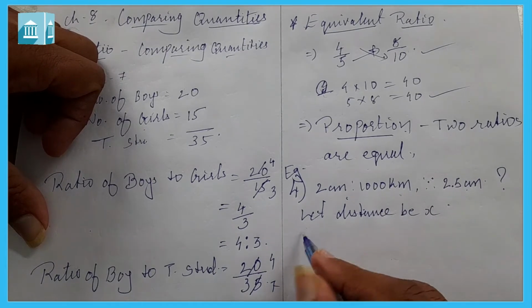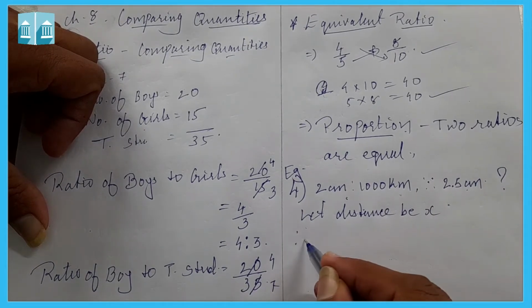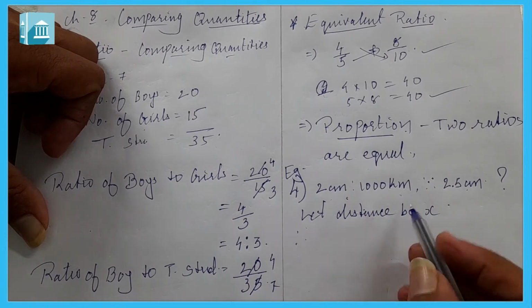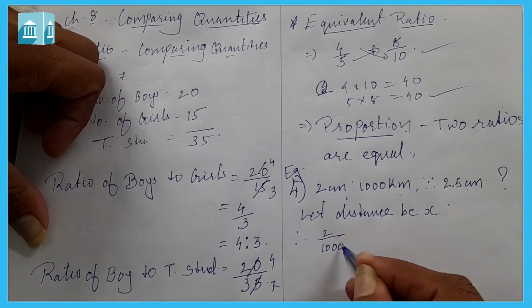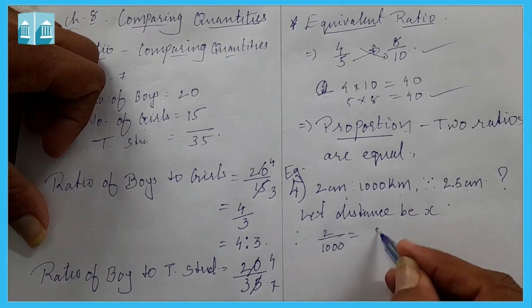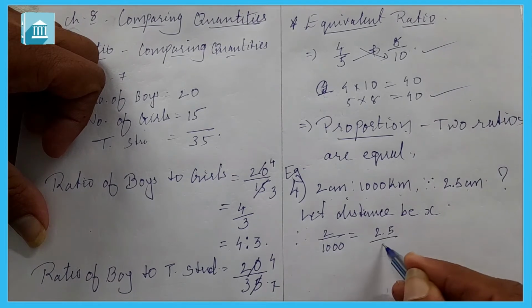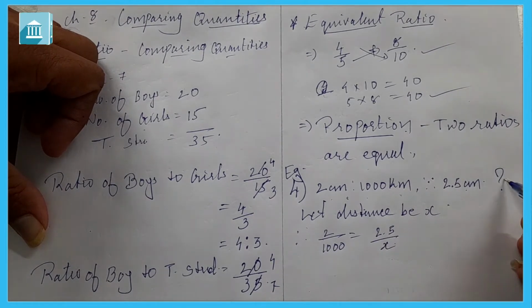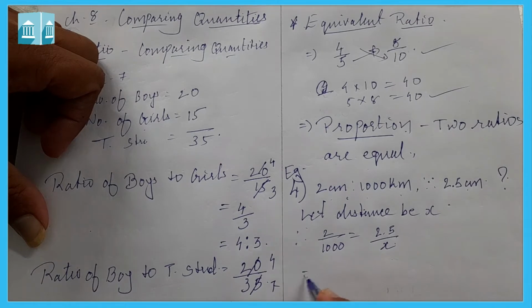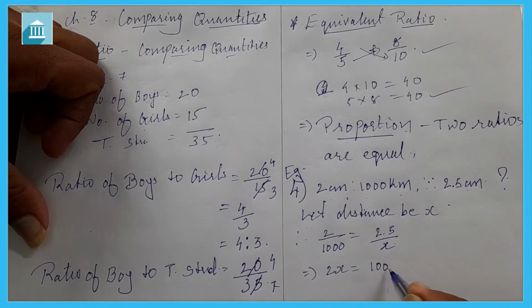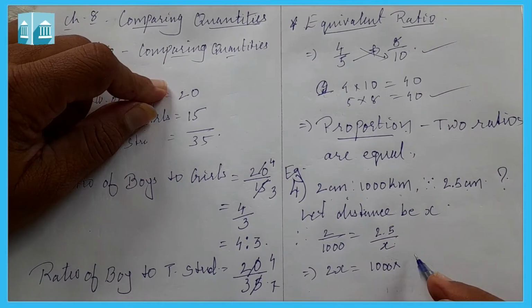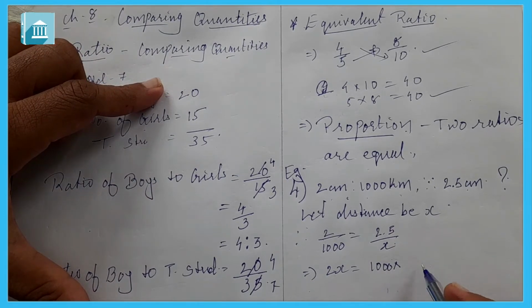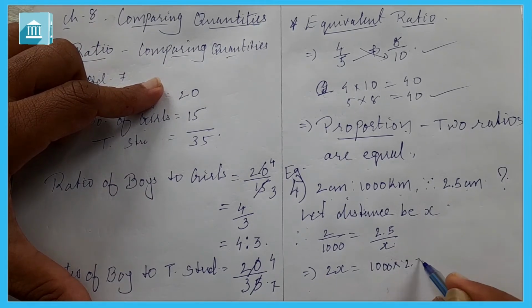Then it will become 2 upon 1000, which is equal to 2.5 upon x. Now this is 2x into 1000 upon 2x, which is equal to 1000 upon 2.5.